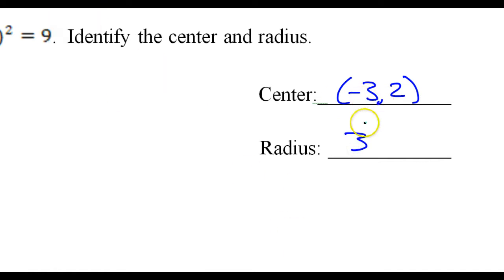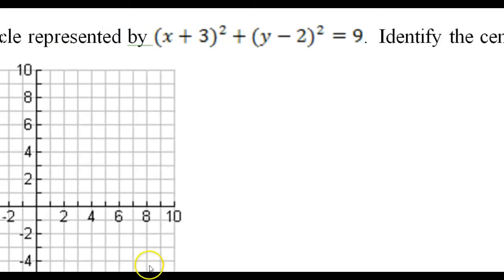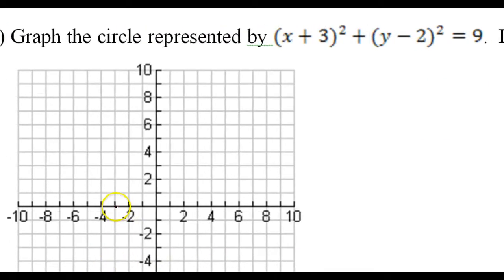So let's start with the center, negative 3, comma 2. So negative 3, comma 2 would be right here. Now if the radius is 3, that means I should be able to go 3 right, 3 up, 3 left, and 3 down.